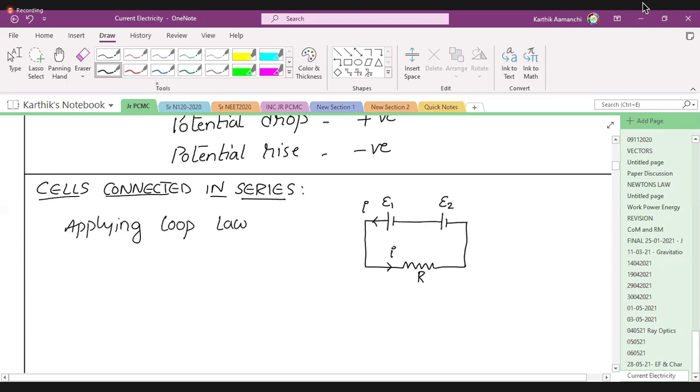Now for this, applying loop law for A, B, C, D, E, A. Remember, you are starting at A, you are ending at A. So start at A, go. Tell me your equation.